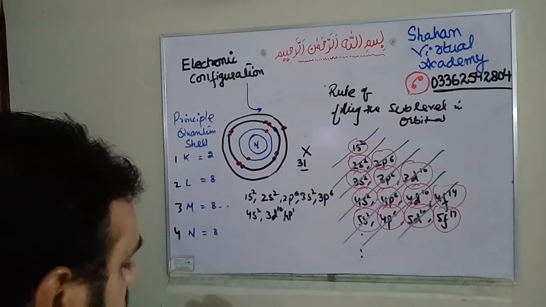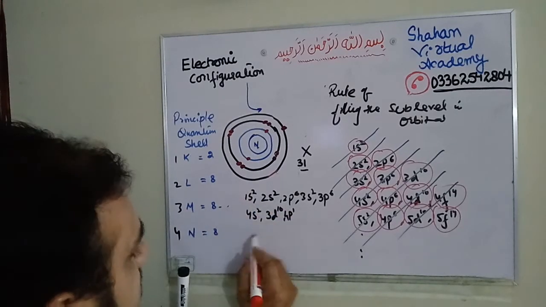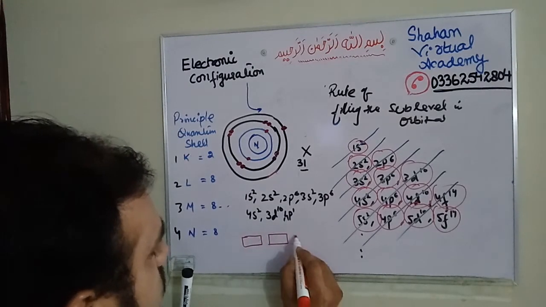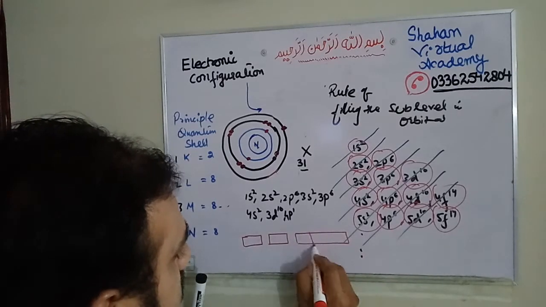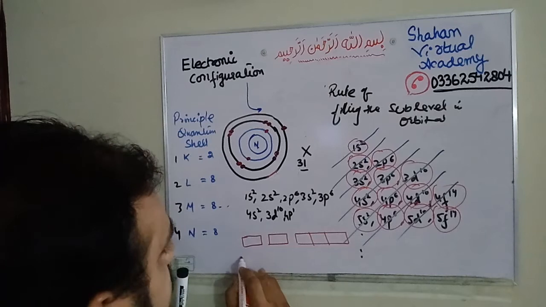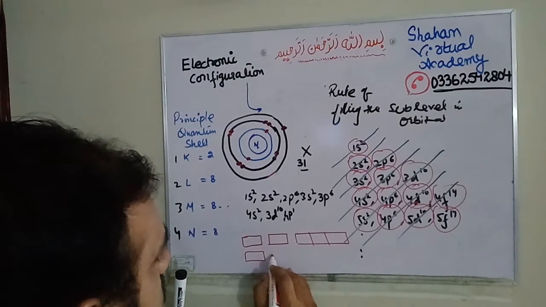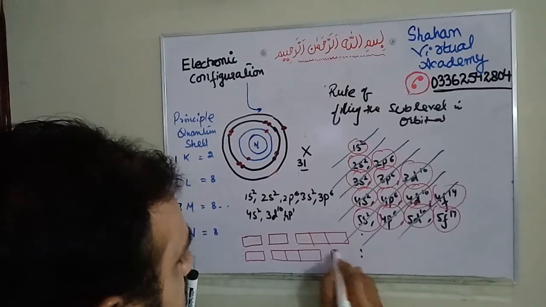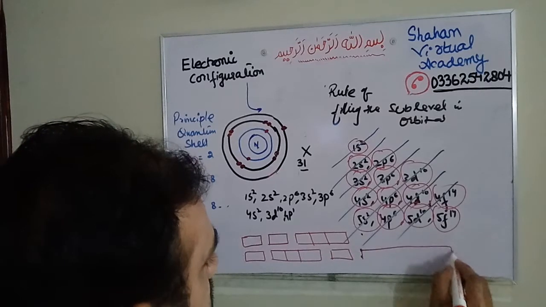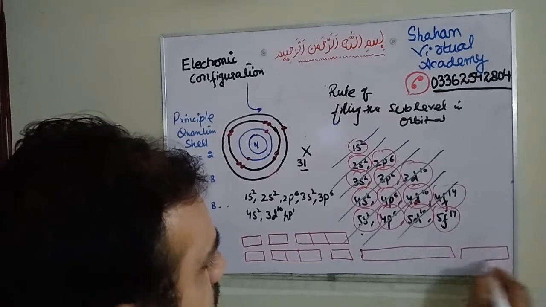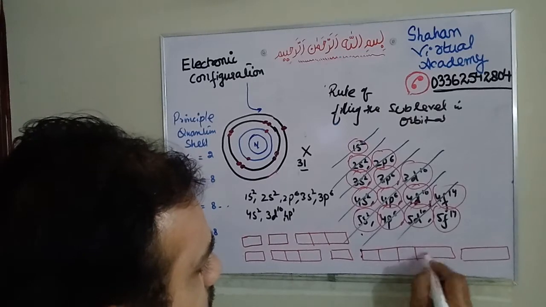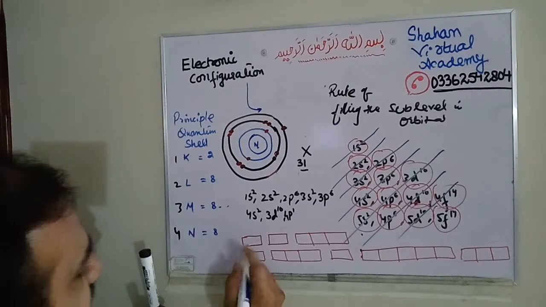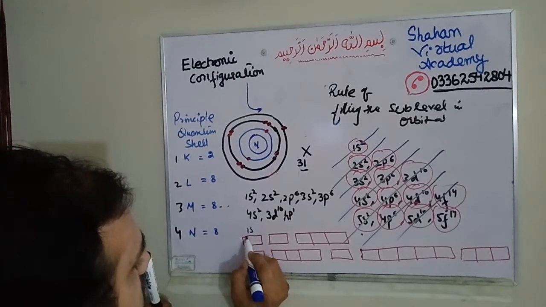But how are the electrons filled in the orbitals? First is 1s, where 2 electrons are filled.